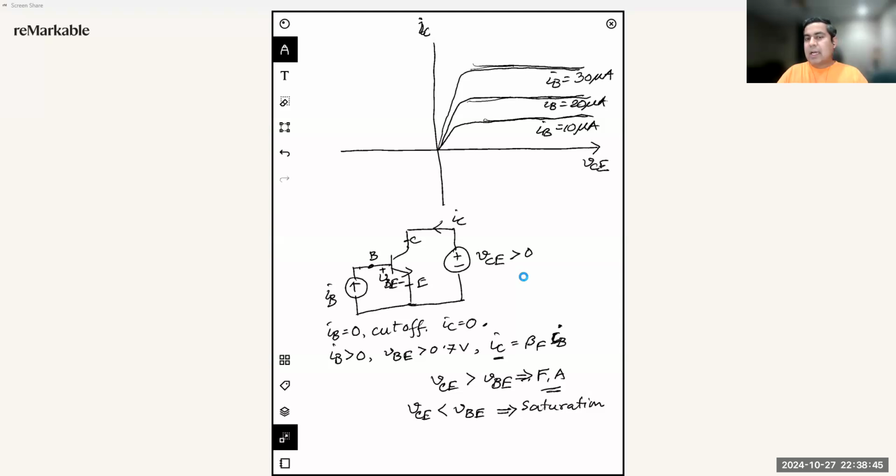As we increase the current in the base region, we will see the overall collector current increase, following this equation where beta F is the gain multiplier that multiplies with the IB current, and we get different IC currents in the forward active region. So the forward active region is this part. Once we go beyond that voltage, this is our forward active region of operation.